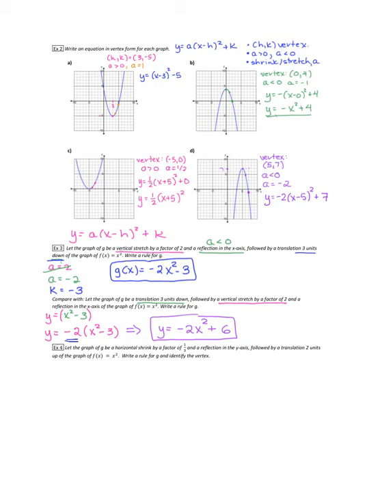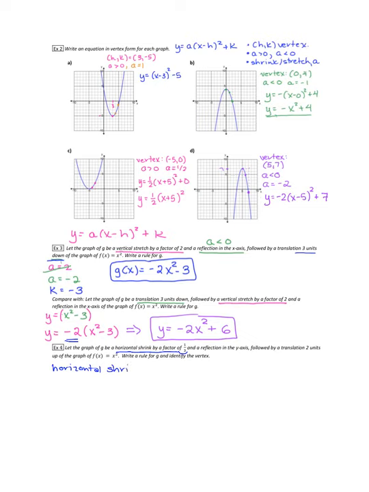So we have the graph of g is a horizontal shrink by a factor of 1/3. What that means is horizontal is always the opposite.